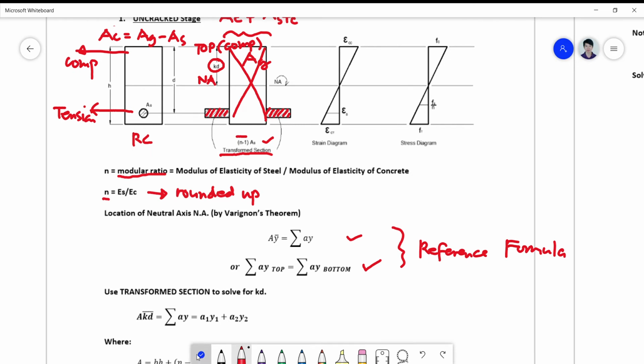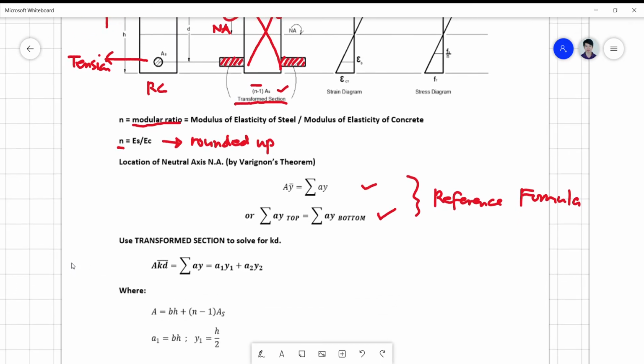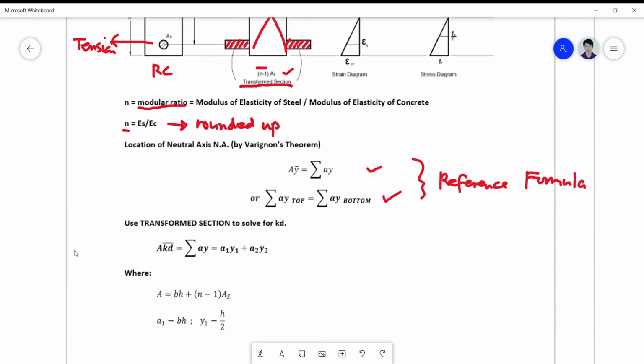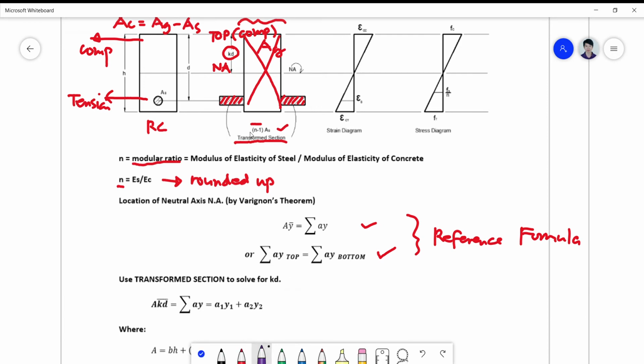So using this principle to solve for your KD, we take note of the first formula that A KD, so this is now your Y bar, is equal to summation of AY, and this is simply equal to A1 Y1 plus A2 Y2, where A1 and Y1, A2 and Y2 are simply this area.